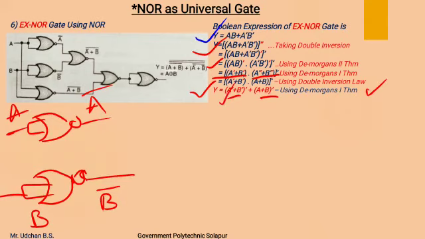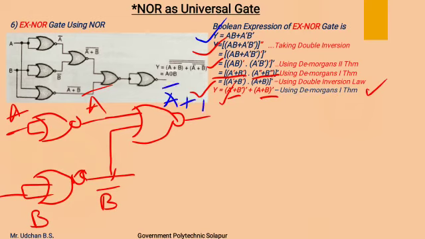First we will get this term A complement plus B complement and its complement. For that I will use another NOR gate. I will connect A complement and B complement to this. So here I will get A complement plus B complement its complement.